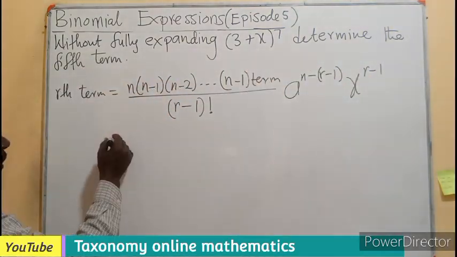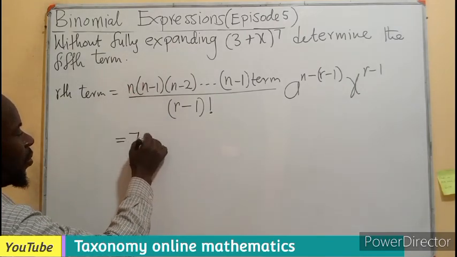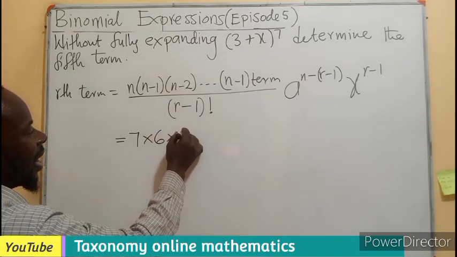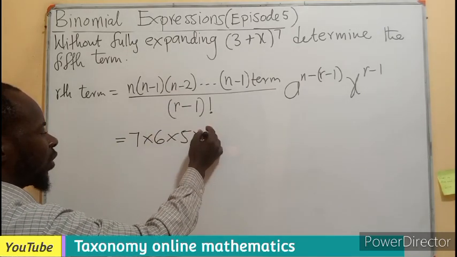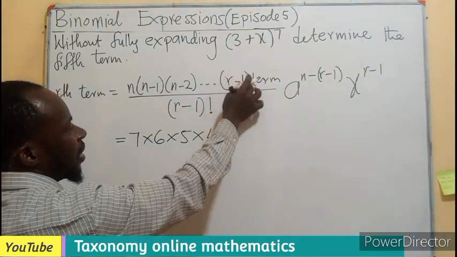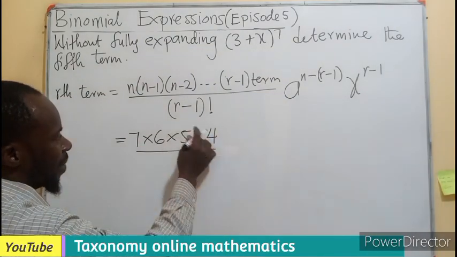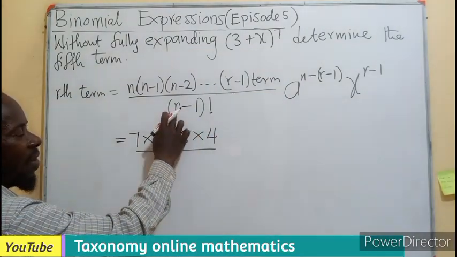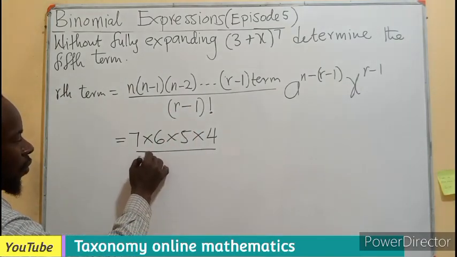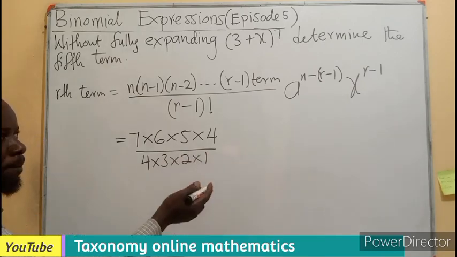So by substitution, this will be 7, this will be 6, this will be 5, and the next one will be 4, ending at n minus (r minus 1). Divided by (r minus 1) factorial, which is 4, so 4 times 3 times 2 times 1.